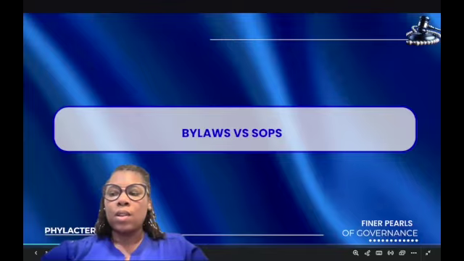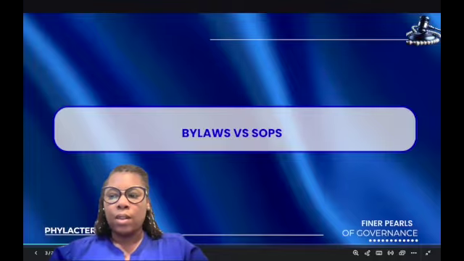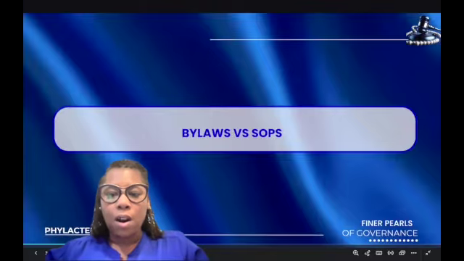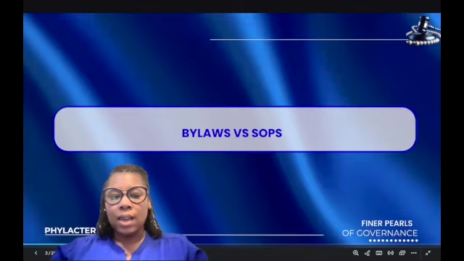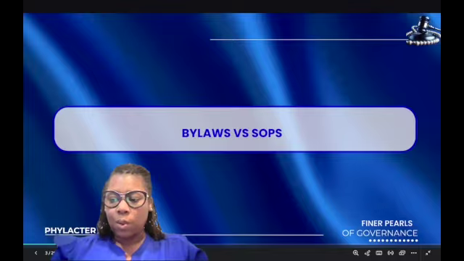When governance is understood, organizations operate with confidence. As we think about leadership, especially in roles responsible for safeguarding our processes, clarity around our governing documents is essential. So let's take some time to break down the difference between bylaws and SOPs carefully and practically.